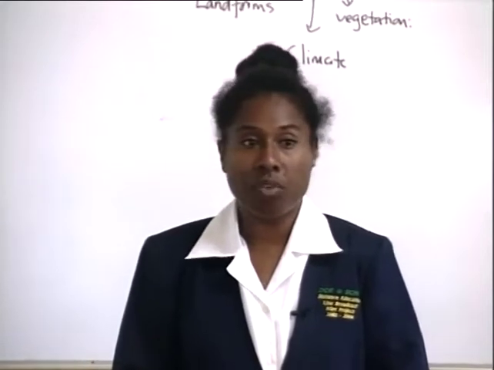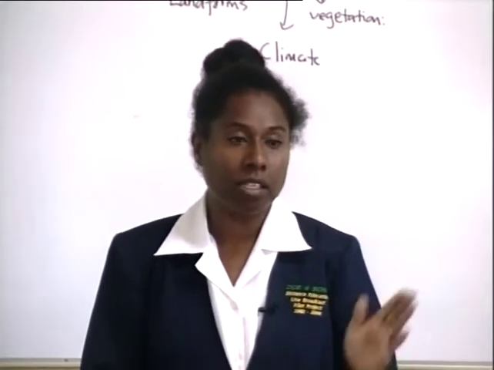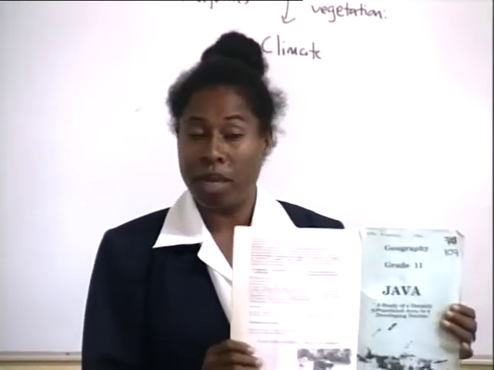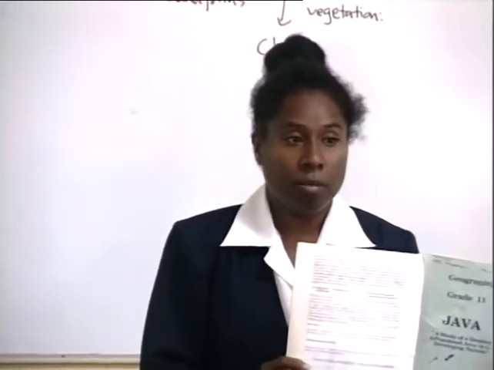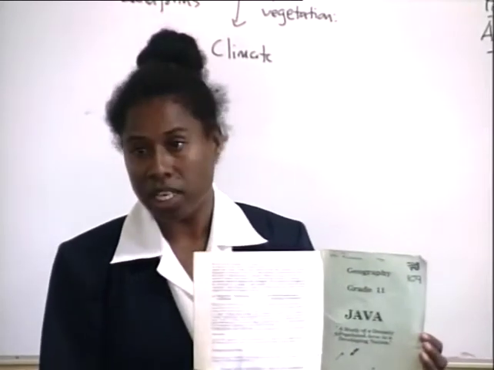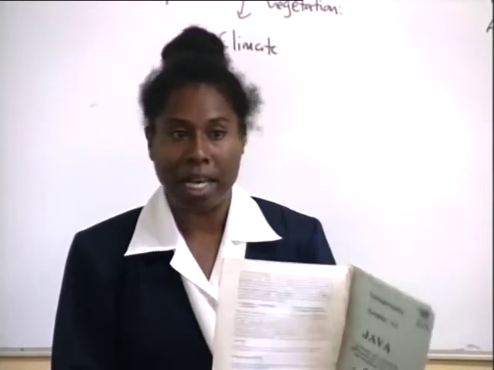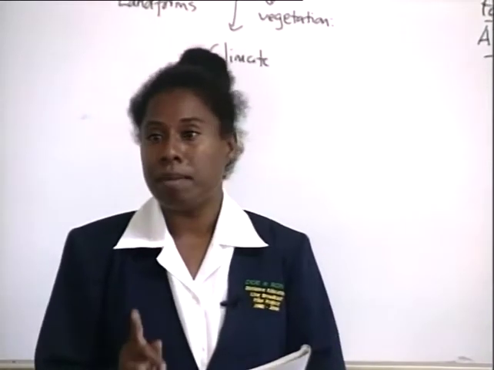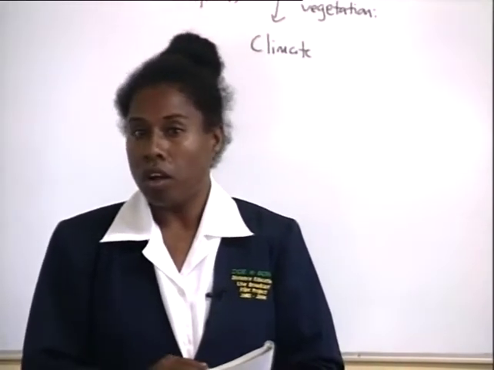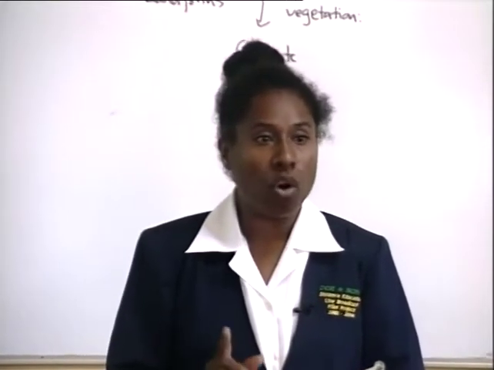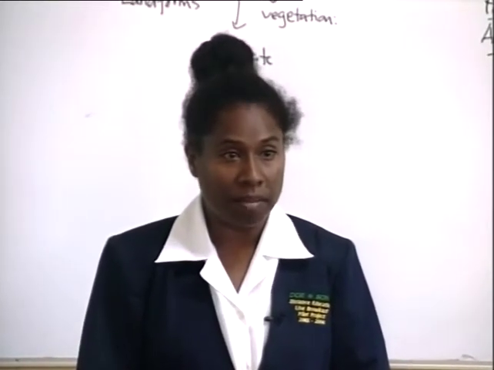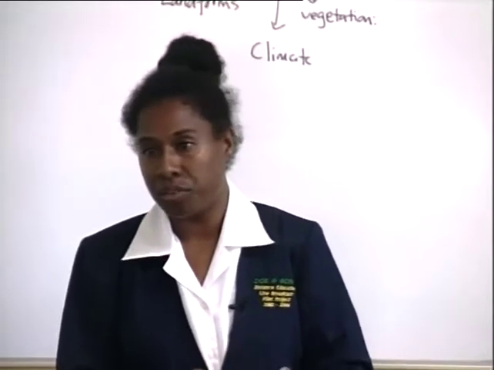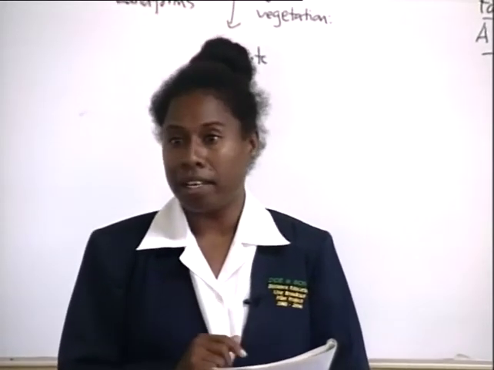Indonesia, 180 million, that's from when this book was published. If we look at information from the internet, you're going to find that the population for Indonesia in 2000 is 228 million people. Out of that total population, 60% of the people of Indonesia live on the island of Java. That's more than half of the total population of that country living on that one island, Java.